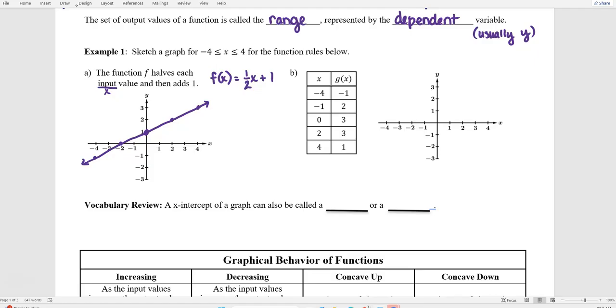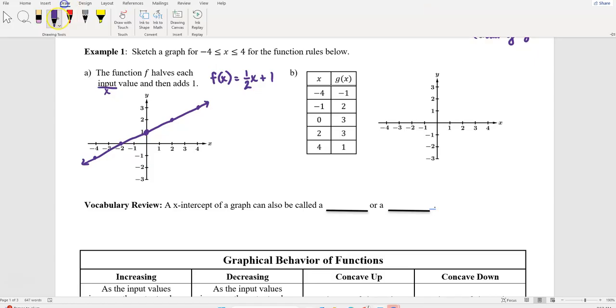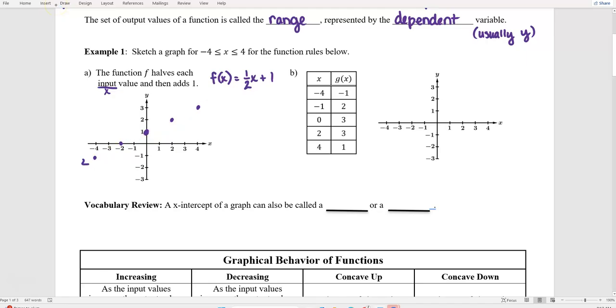What should I have done instead? End them with dots, right? Stop right there at 4. So I really should have, oh gosh, I went my whole line. I really should have just stopped right here because of that domain restriction that they gave us here. And should I use the closed dots like I've got, or should I have an open circle?